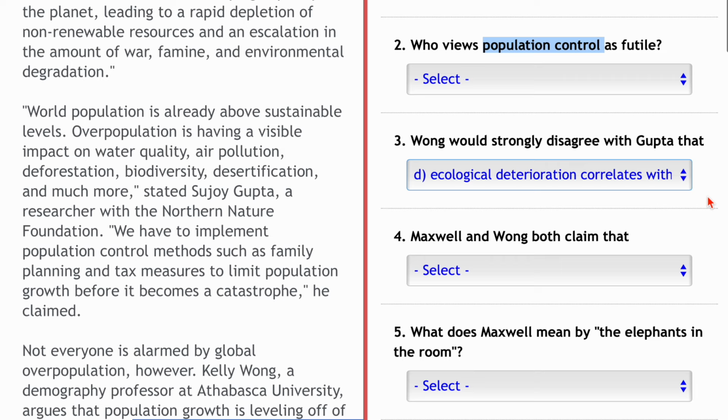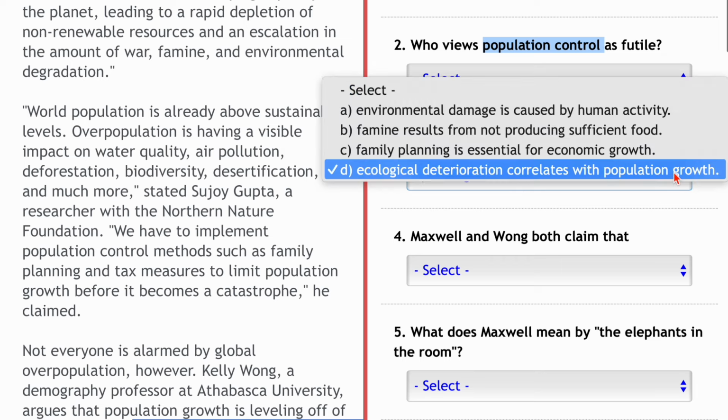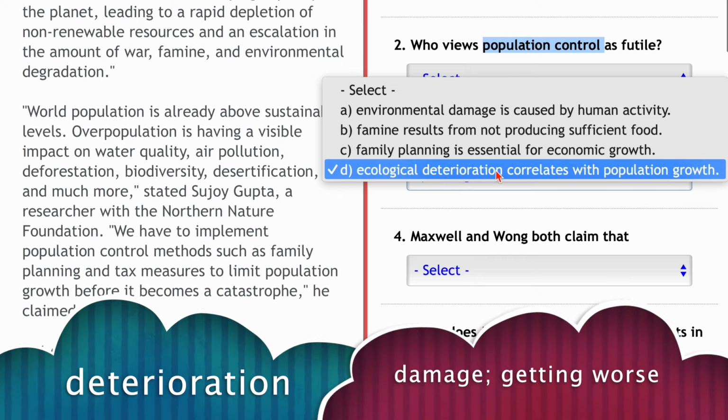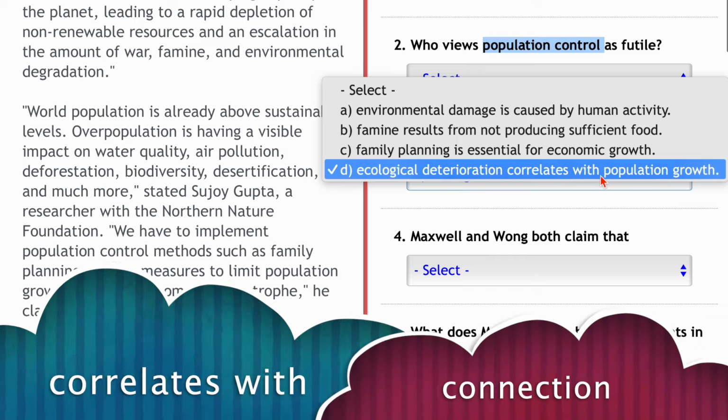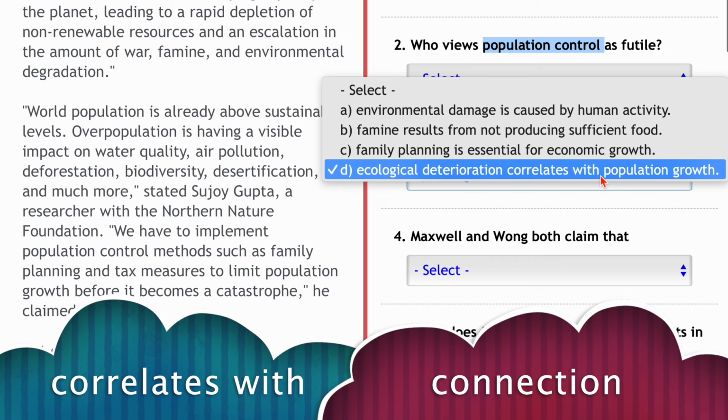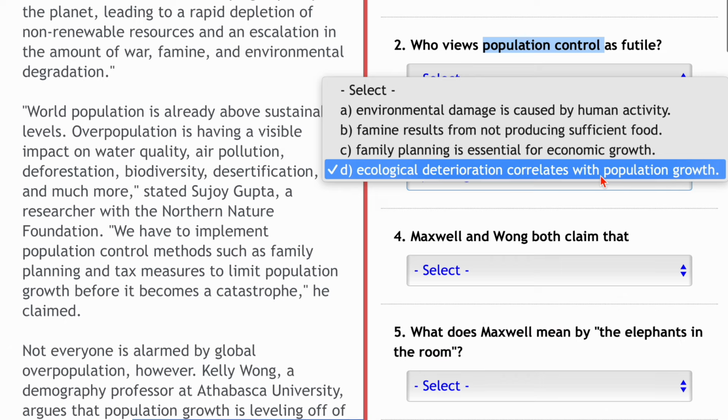It's D. Now, let's understand these two answers clearly. Now, ecological is the same as environmental, and deterioration is the same as damage. Now, correlates with means there's a connection. So this answer means the same: environmental damage connects with population growth.